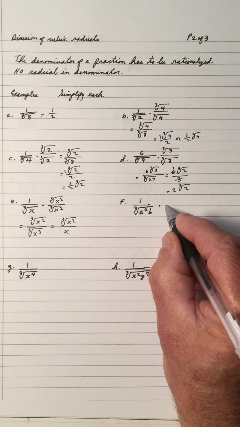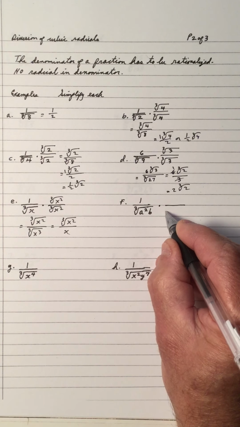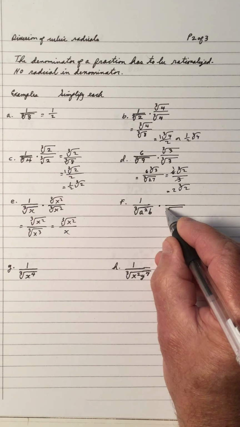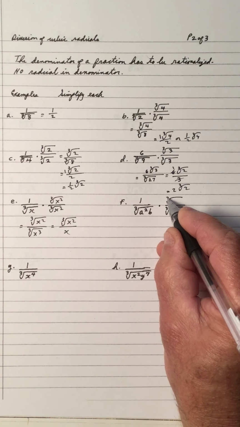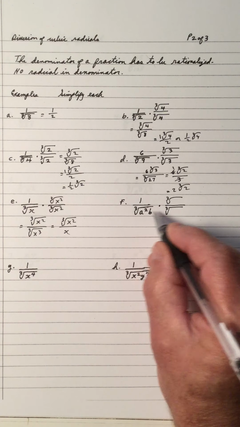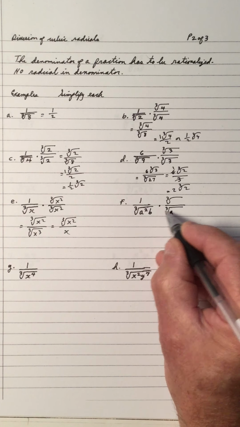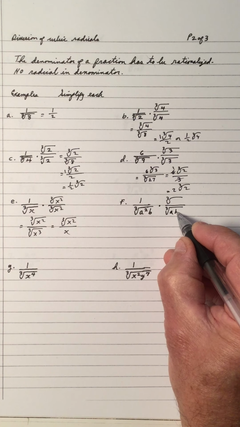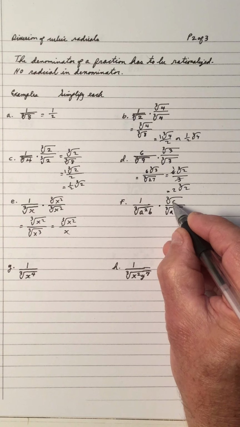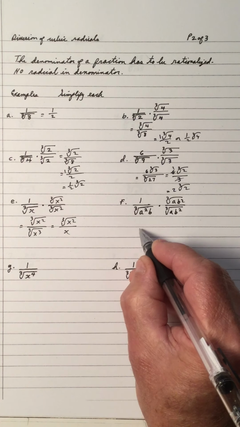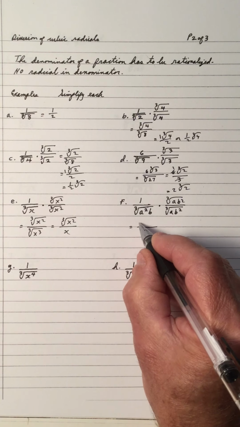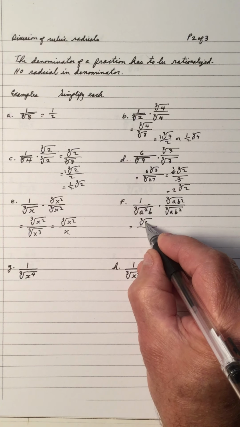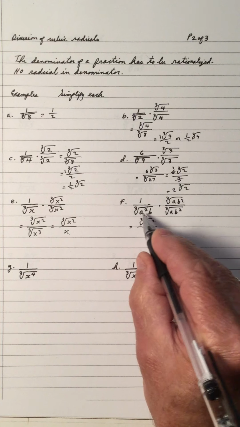Okay, hopefully you're beginning to see the pattern. Cube root. These are not perfect cubes, so I have to multiply by a cube root. I have 2 a's, and I need 1 more. I have 1 b, so I need 2 more. So this is a b cubed. So 1 times this expression is that.